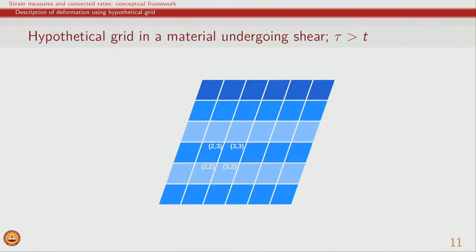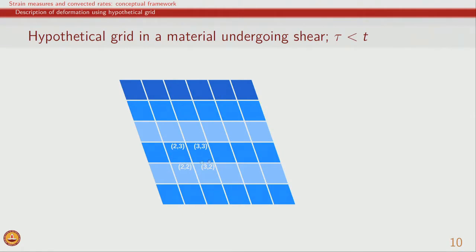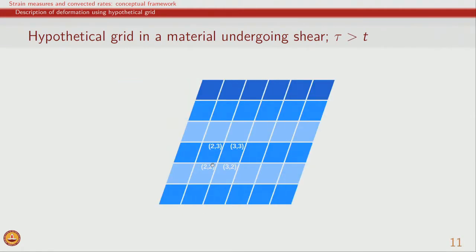So, if you look at it here, the 2 and 2 points are connected using this material fiber, while at the present time the same material fiber was actually coinciding with x2. Similarly, this 2 and 3 you can see that the material fiber is horizontal or it is in the x1 direction, and in any time in the future or in the past it still remains so.